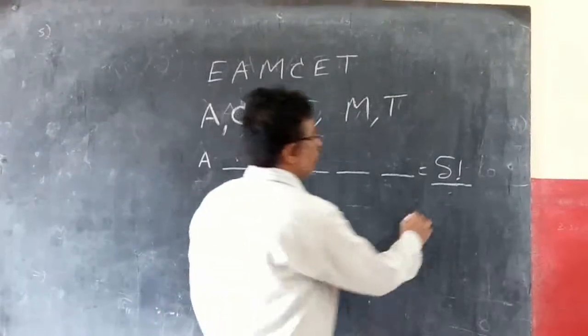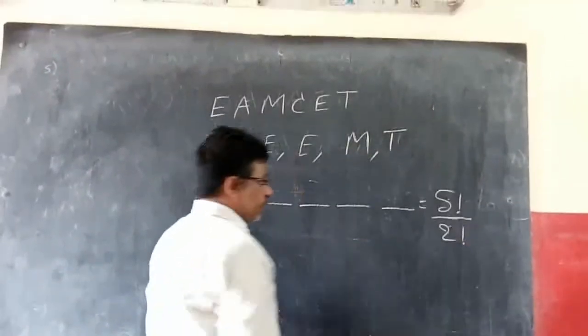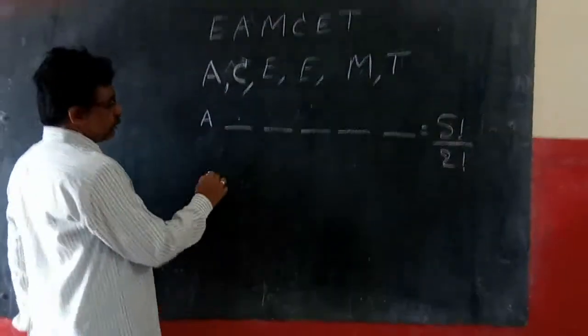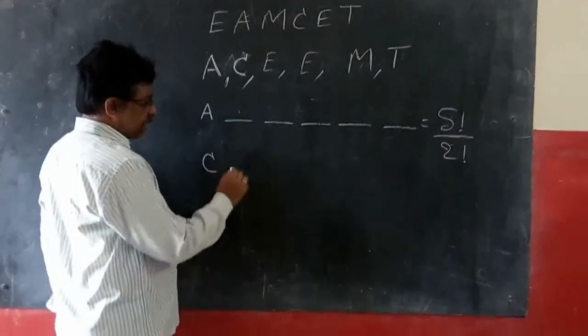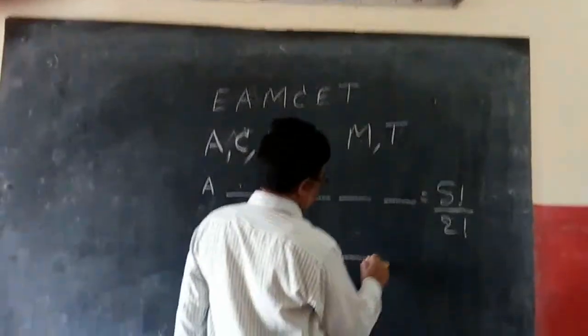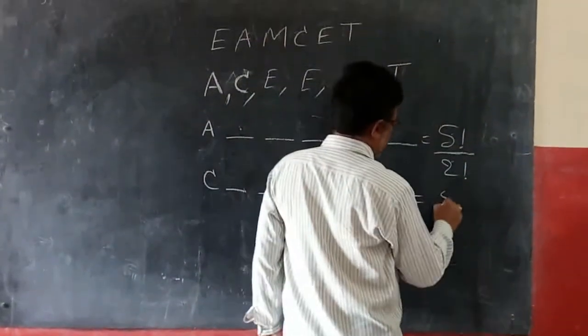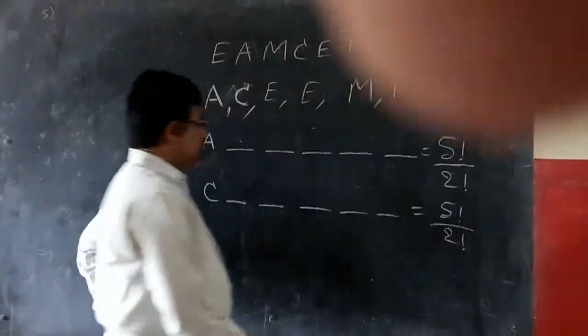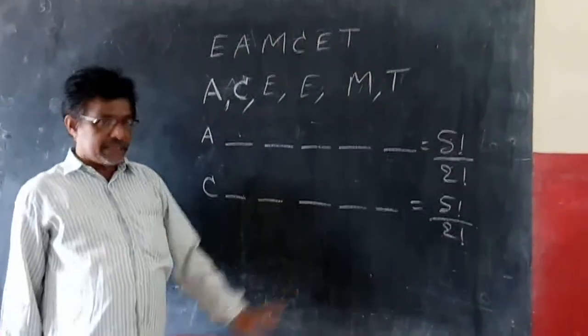So the number of words starting with A is 5 factorial by 2 factorial. Similarly, the number of words starting with C is also 5 factorial by 2 factorial, because E is repeated twice.